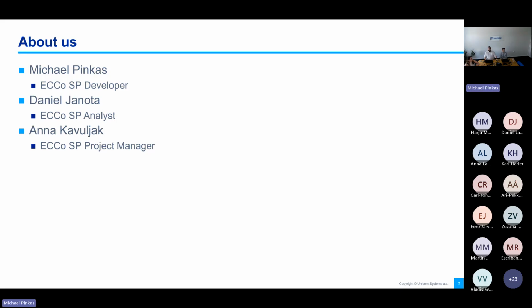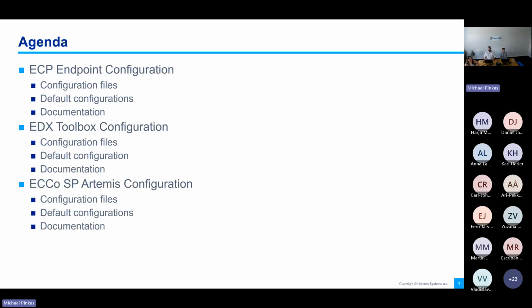Regarding today's agenda, we'll go through the ECP endpoint configuration. We will check the configuration files, their location, and basically the whole configuration that is in there. Then we will also show you where to find all the other properties within the documentation.